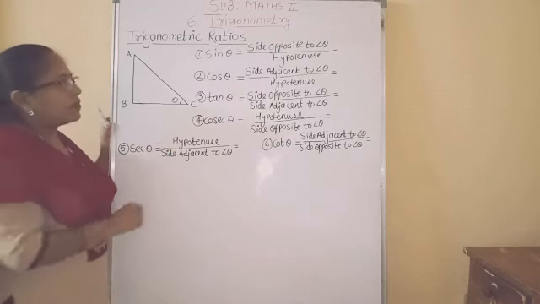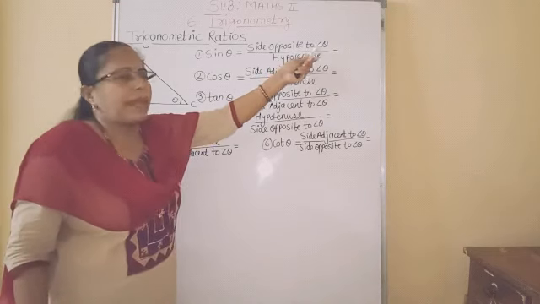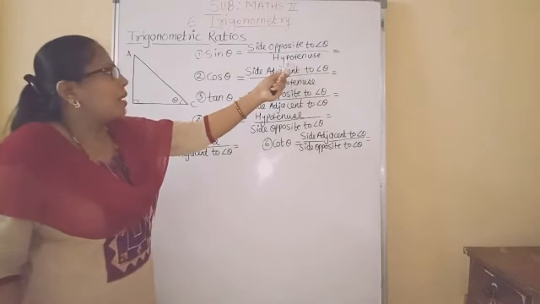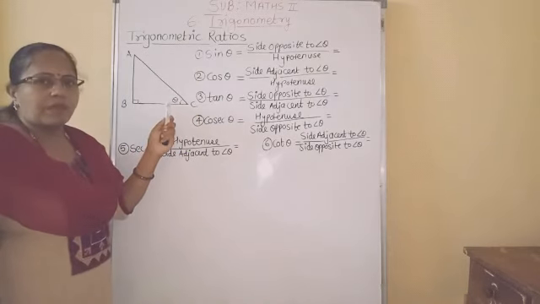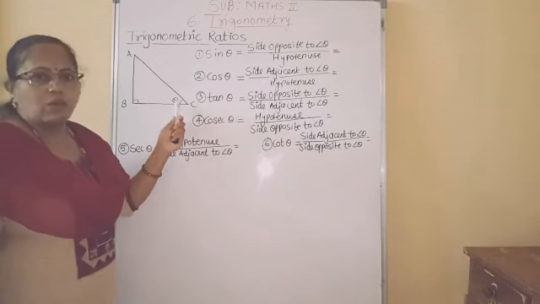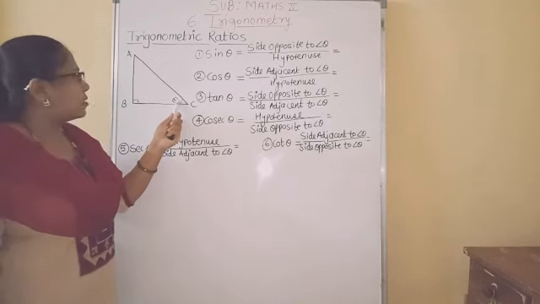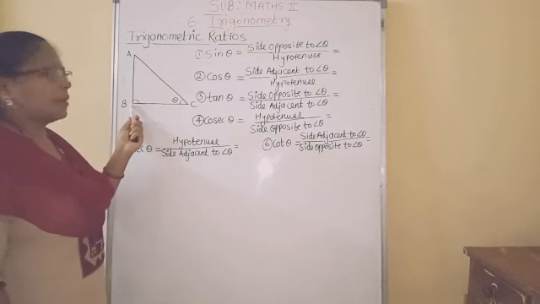The formula for sin theta is side opposite to angle theta upon hypotenuse. Now again focus on the figure. This angle is theta. Which side is opposite to angle theta? Side AB.